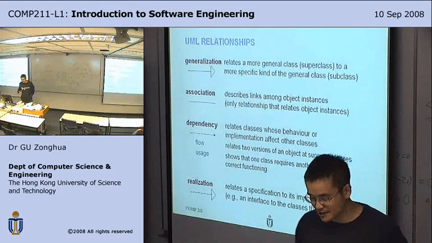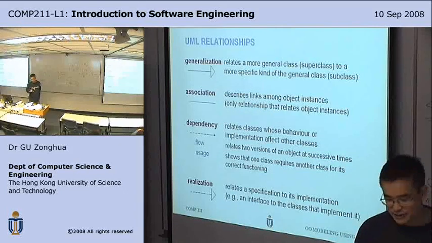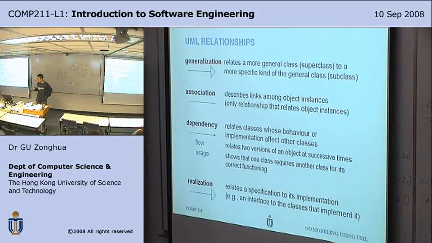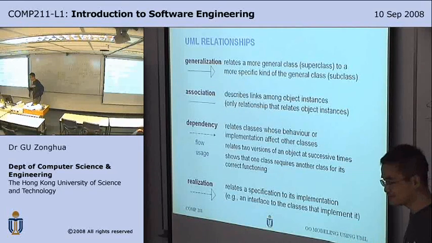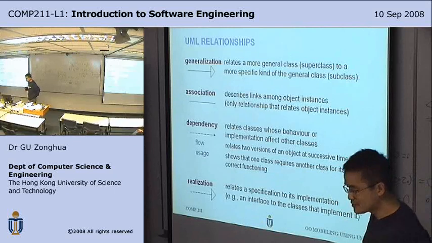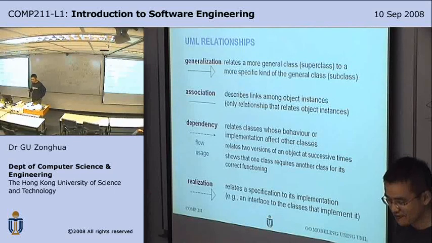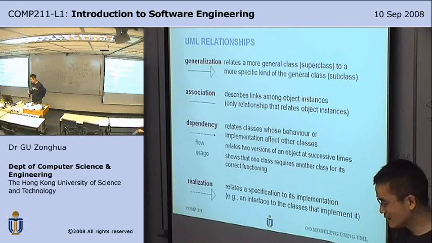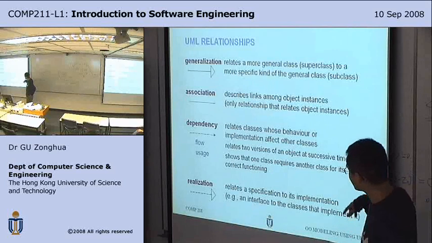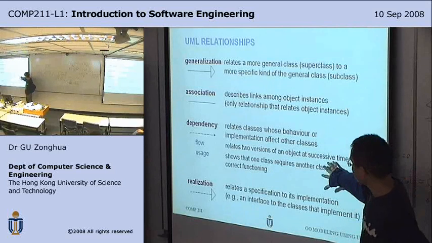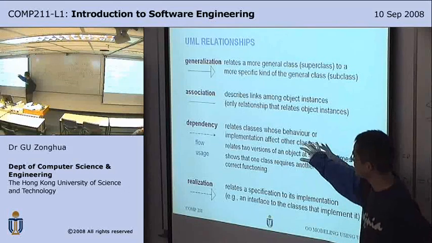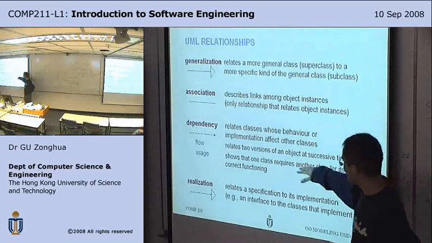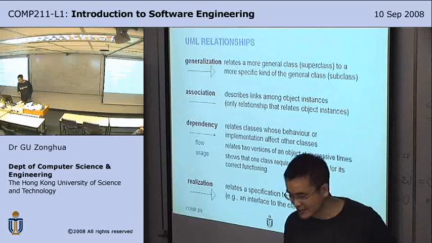So it may go into a new state at a future time, and some of its attributes may change. So the flow dependency can relate these two versions. So flow and usage are the two variants of the dependency. That is the dotted arrow relationship.